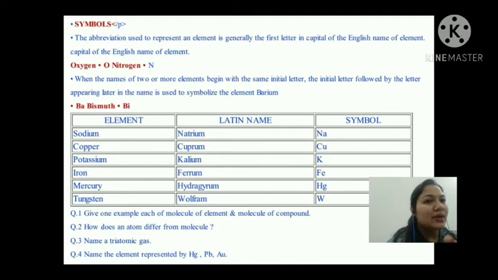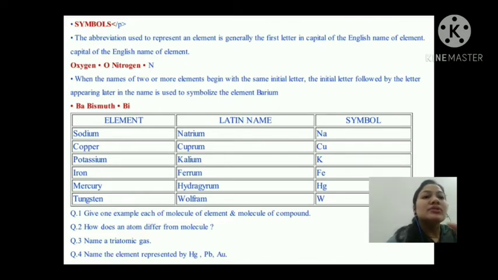Iron was ferrum, also called ferrous; both have different ions, Fe2+ or Fe3+, which you will learn later on. Ferrum, Fe. Mercury is hydrargyrum, that is Hg, and tungsten is wolfram, that is W. This is because of their Latin names.